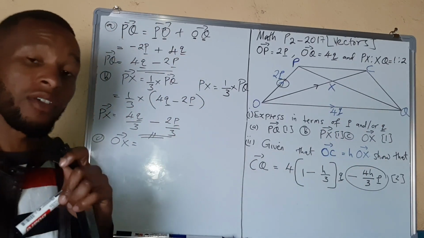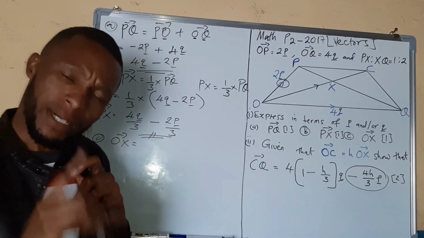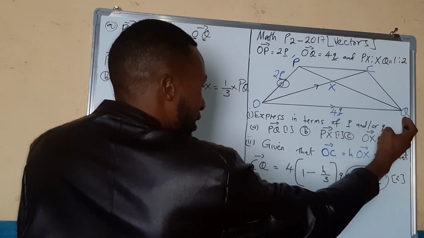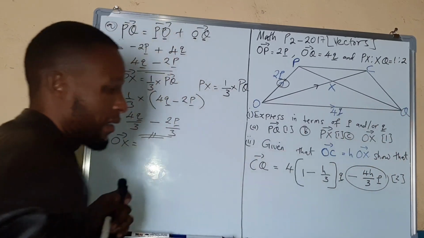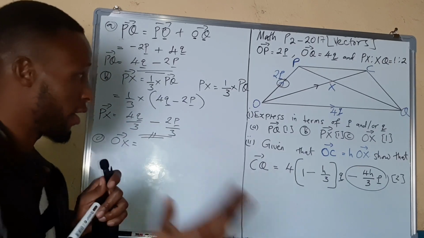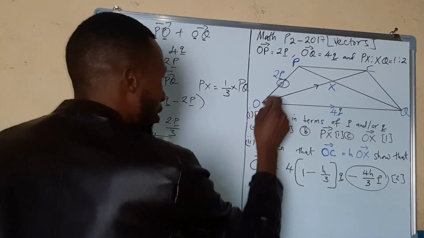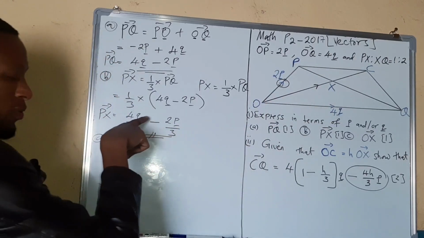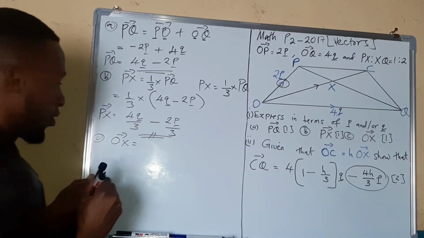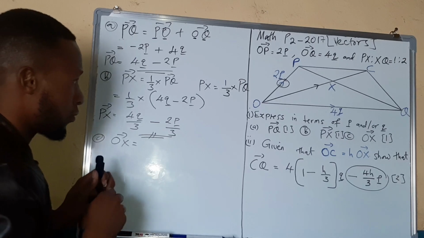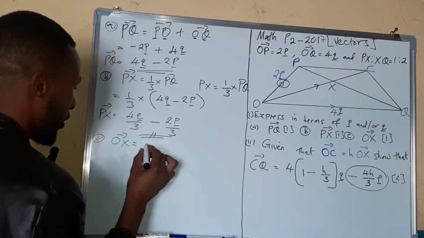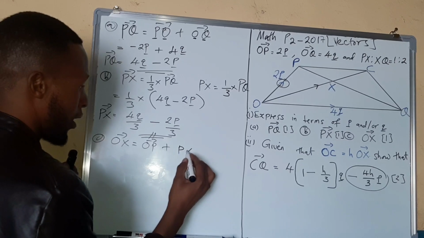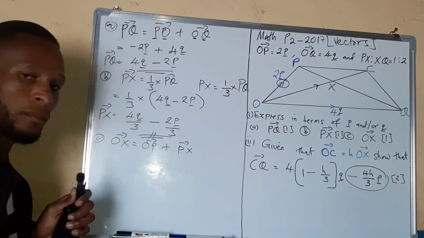It is a very correct direction, but the only challenge is we will give ourselves a lot of work because we will have to find QX. The easiest is to go OP, then PX, because we have the value for PX. So the direction is vector OP plus vector PX.